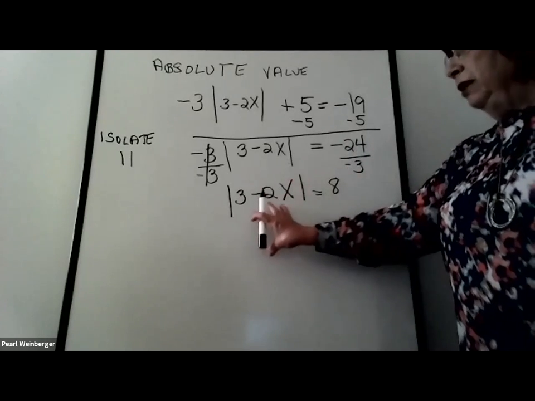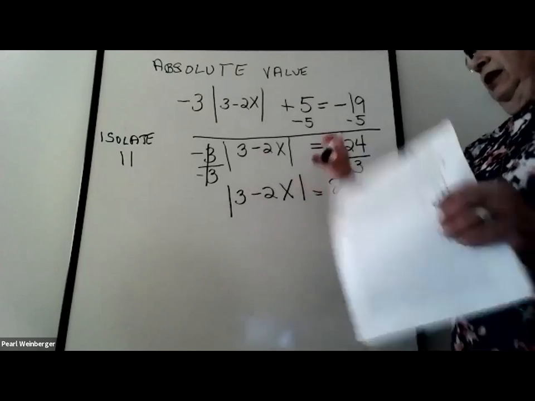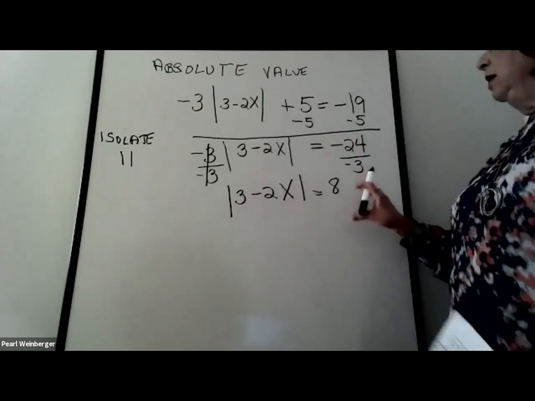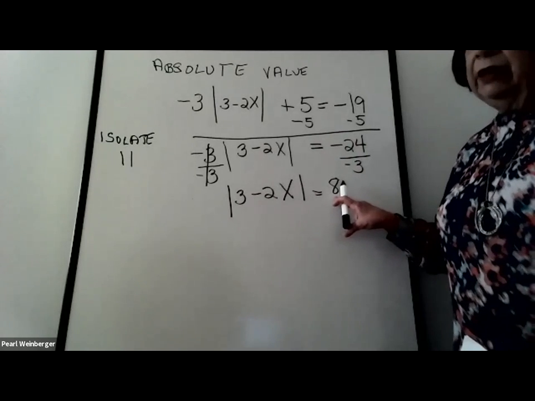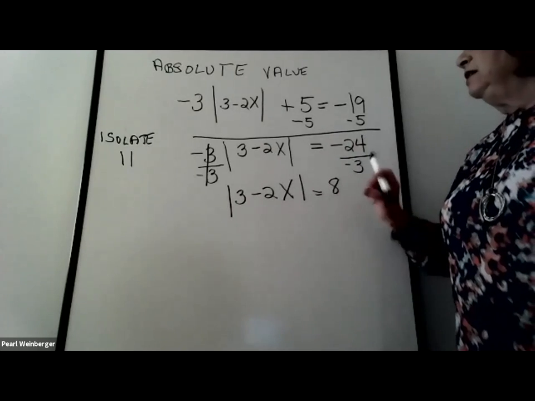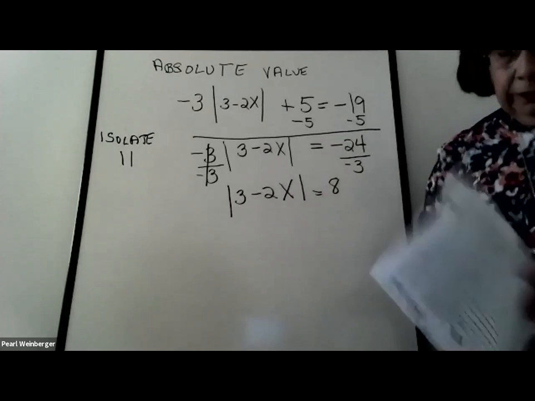Now I have a regular absolute value equation. The absolute value expression is isolated. It equals a positive number, so I know I can continue. Let's now solve this. I'm going to give you a couple of minutes to solve this.